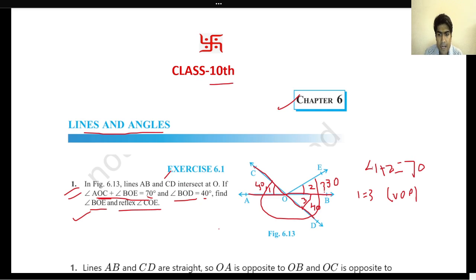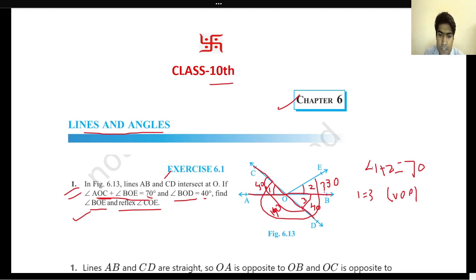We can find angle COE by alternative approaches. The first approach: if this angle is 40 and this angle is 40, then by the linear pair I can find this remaining angle, and that will be 140 degrees. Because these lines make a linear pair, and this is 40, it will be equal to 140 degrees.